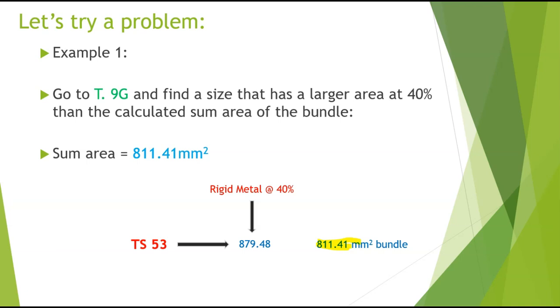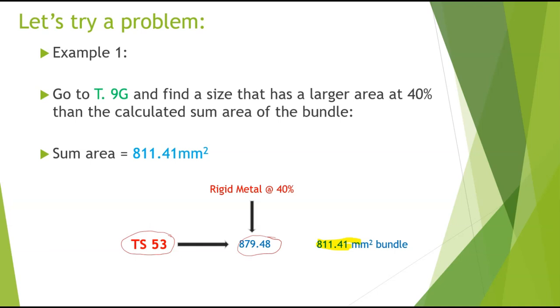When we do that, we eventually come to 879.48. And if we go across that row to the left, we'll see that this is associated with trade size 53 rigid metal conduit.